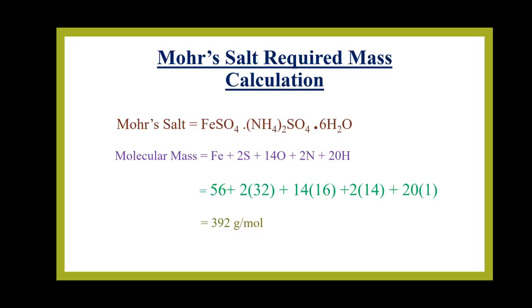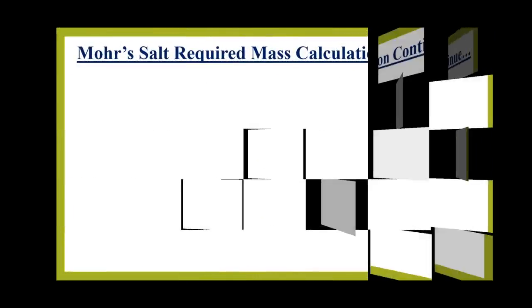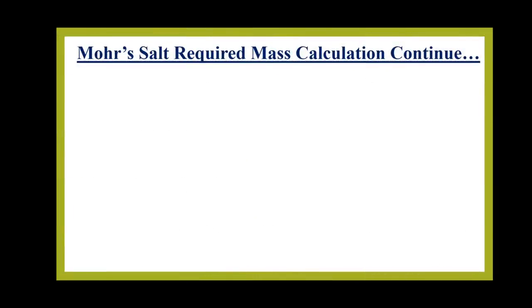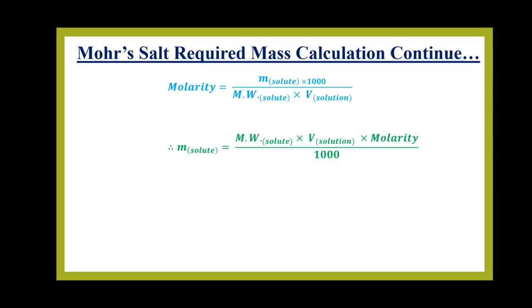Now to calculate the required mass, we can use the molarity formula, right? Which is mass of solute into 1000 divided by molar mass of solute into volume of solution. Making the mass of solute the subject, you will get this formula: molar mass of solute into volume of solution into molarity divided by 1000, right?